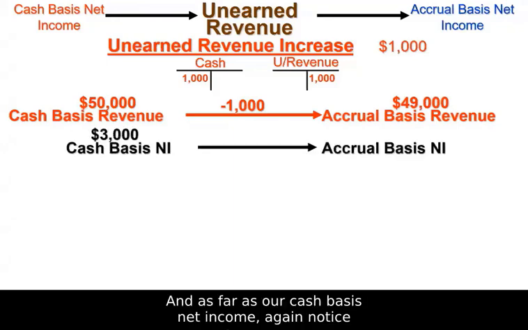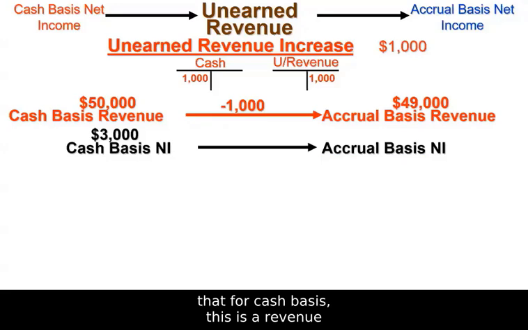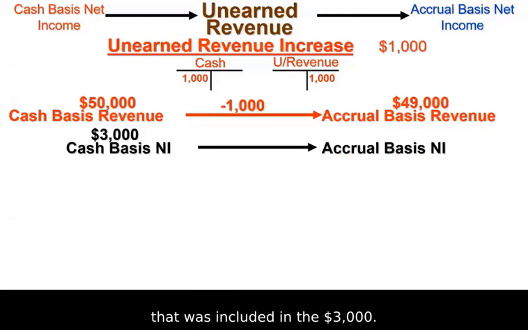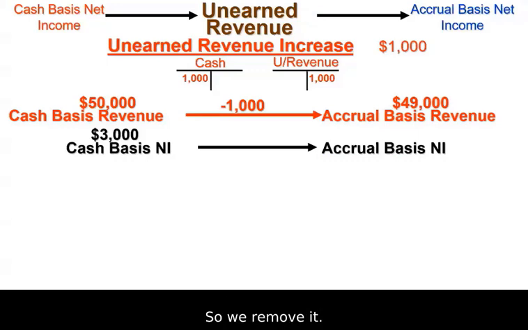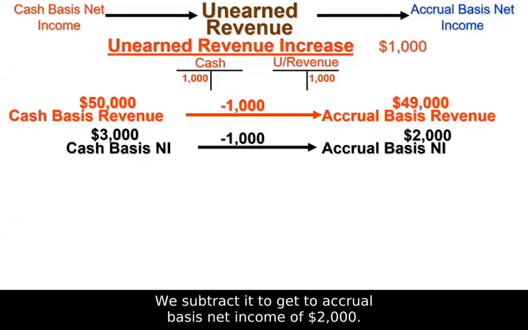And as far as our cash basis net income, again, notice that for cash basis, this is a revenue that was included in the $3,000, but it is not a revenue and cannot be recognized as a revenue for accrual basis net income. So we remove it, we exclude it, we subtract it to get to accrual basis net income of $2,000.